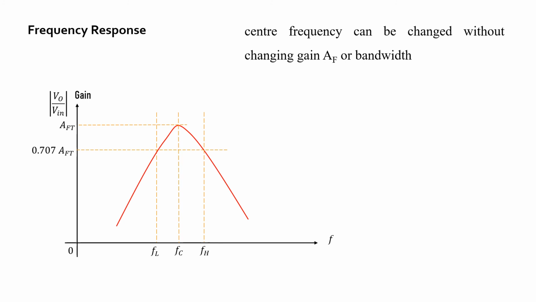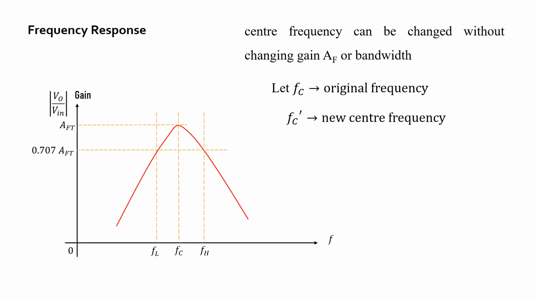Suppose we want to change the center frequency without changing the gain or bandwidth of the filter. This is possible in this case. Suppose Fc is the original frequency of the narrow band pass filter, and now we want to change it to a new frequency, Fc dash, the new center frequency.